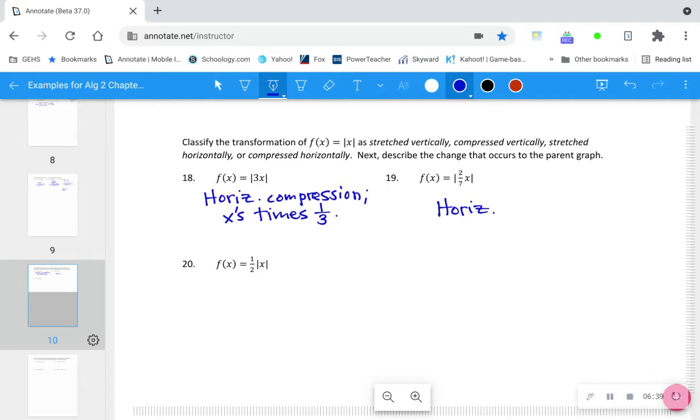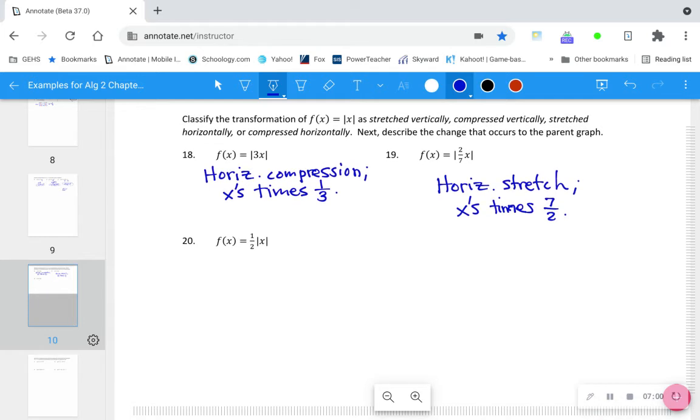So this is a horizontal stretch. All the x's will be multiplied times 7/2 or 3.5. So it's really 3.5 times wider is a good way to think of it.